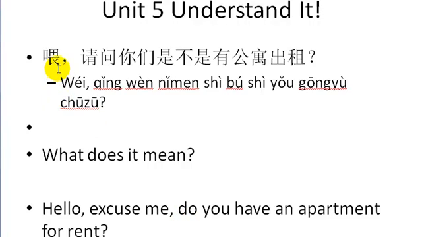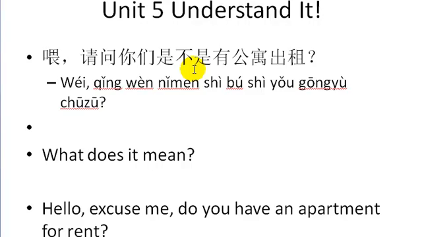So remember, 喂 is how the Chinese greet on the phone when you're first answering the phone or first making contact with the person on the other line. 请问, excuse me, 你们, do you all, 是不是, right?